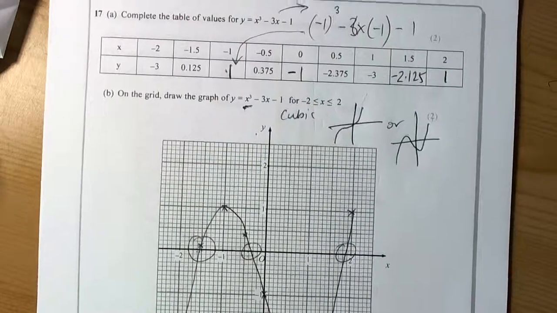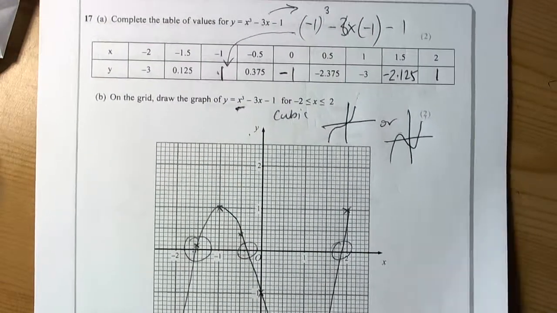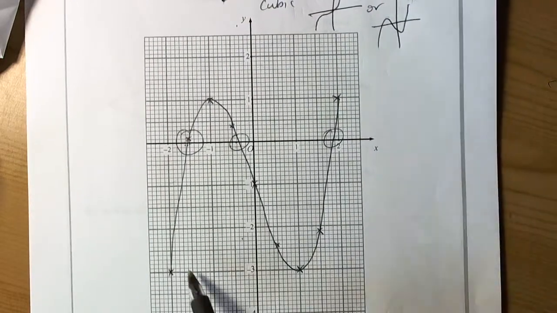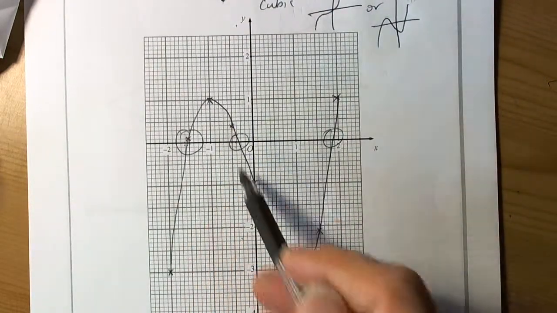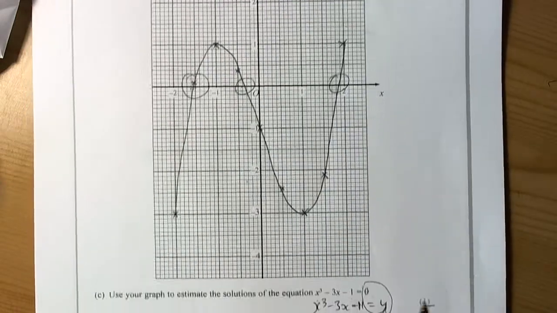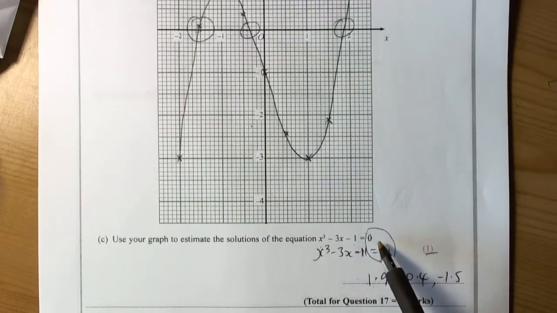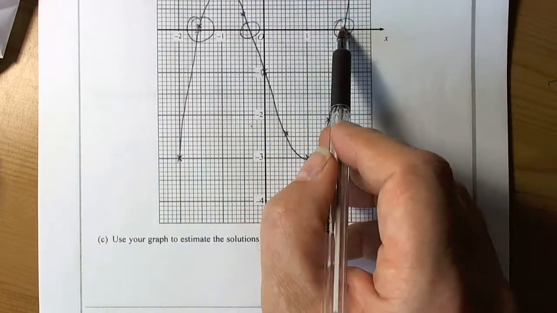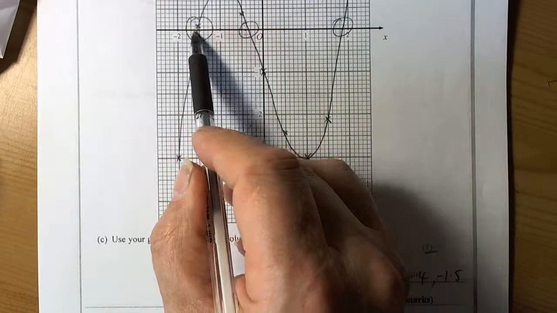So that's drawing a cubic graph, filling the table results, using our calculator carefully with negative numbers inside brackets when we're substituting, drawing the graph, but remember to draw the curve as well, not just put the points on. And then when we want to solve an equation, whatever number's here is the y number. So we find out where y is 0, and in this case it was the cross point on the x-axis.